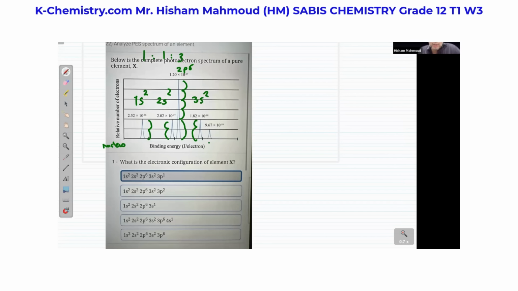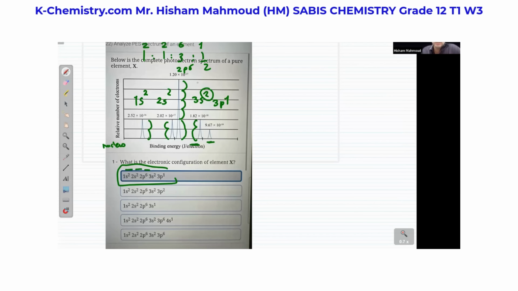And if this one is half this one, and this contains 2 electrons, so this should be 3p1. That's very easy. The ratio is 1 to 1 to 3 to half. So that's 2 electrons, 2 electrons, 6 electrons, 1 electron.